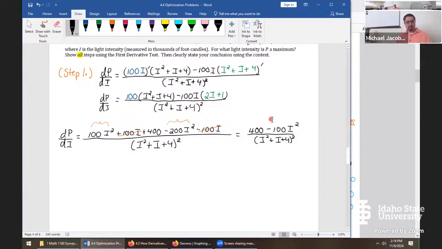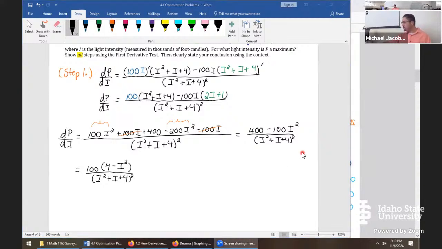The numerator is pretty simplified, but we also need to factor that thing. So let's factor out 100 is a good start. 100 leaves behind 4 minus I squared, all of which is divided by I squared plus I plus 4 to the second power.